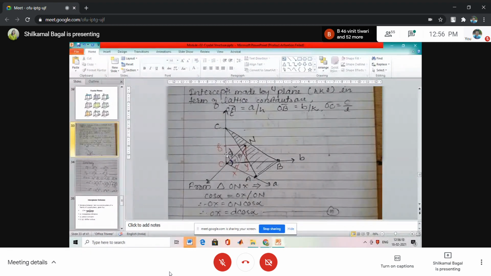Now, let us draw the perpendicular from the origin of the crystallographic system to the plane, that is ON. So ON is the perpendicular drawn from the origin to this plane ABC, and let this be small d, which will be the interplanar spacing in this family of planes of Miller indices hkl.